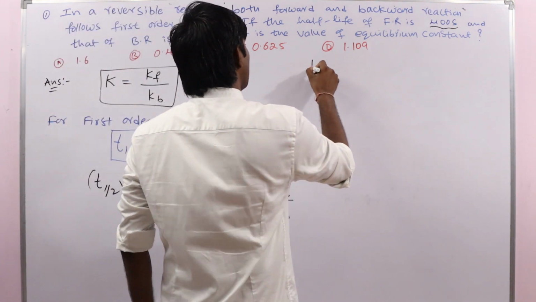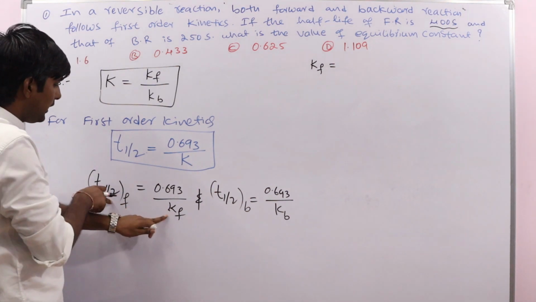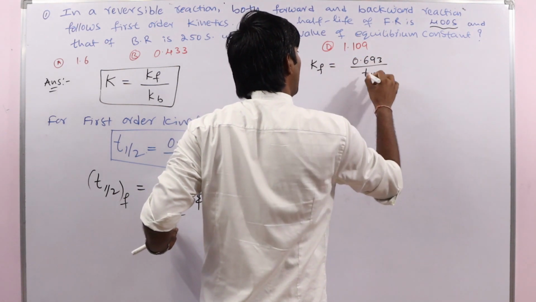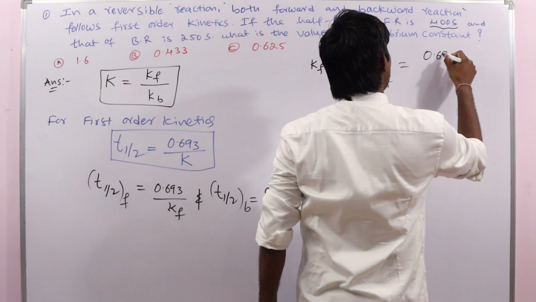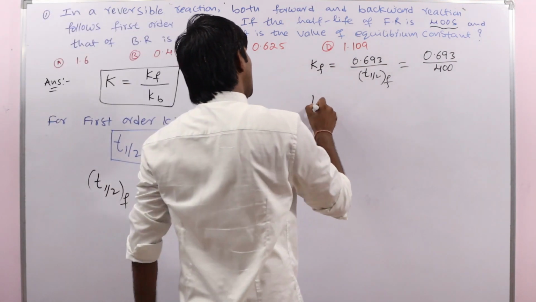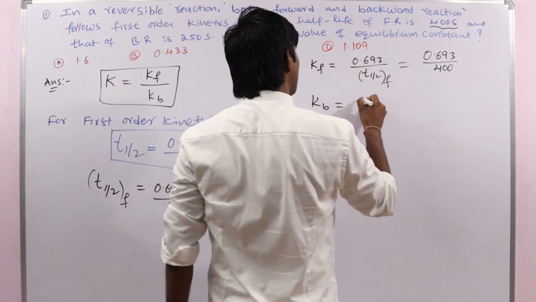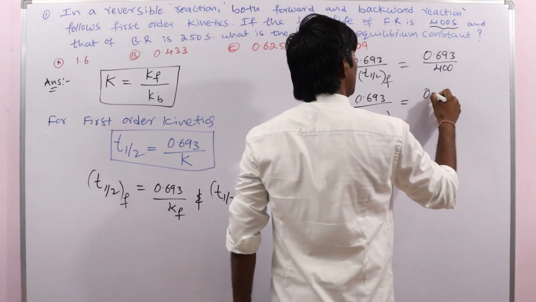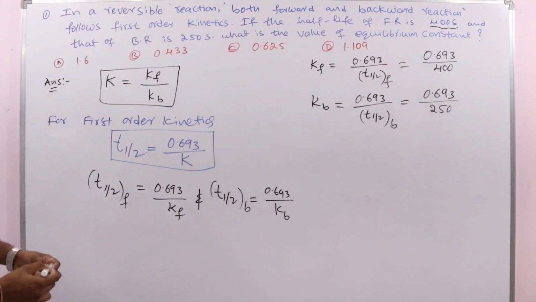So from this, if you rearrange, taking Kf to one side and T half to the other side, we get Kf equal to 0.693 by T half of the forward reaction. The half life of the forward reaction is 400 seconds, so 0.693 by 400. And Kb is equal to 0.693 by T half of the backward reaction, that is 0.693 by 250.